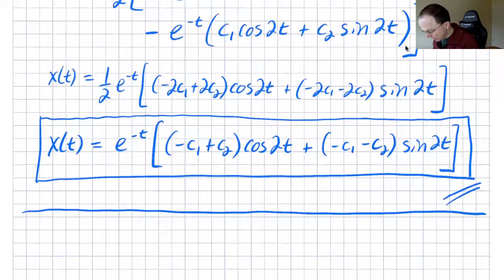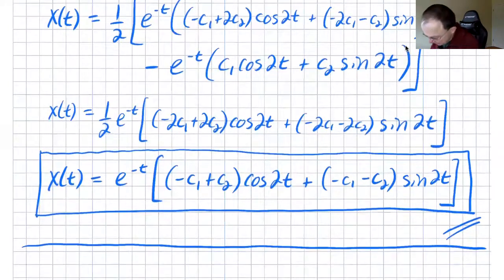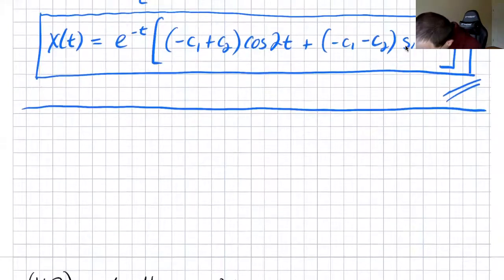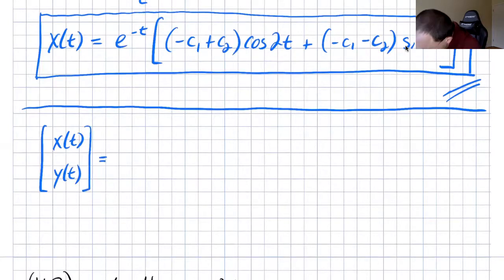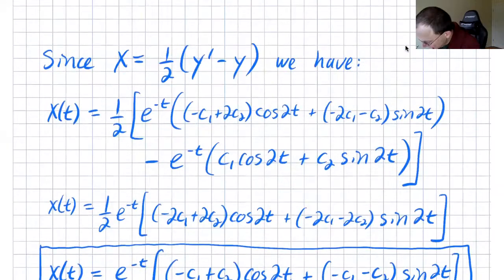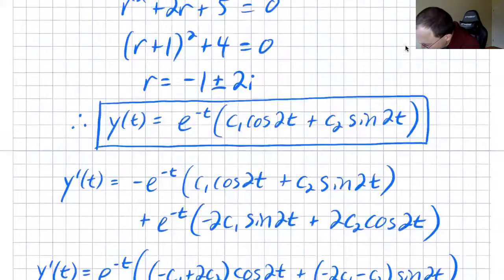Now, I don't know if this would be so interesting, but we could try it to see what happens. We could write this solution out in vector form. So what is the value of, let's grab this one first.